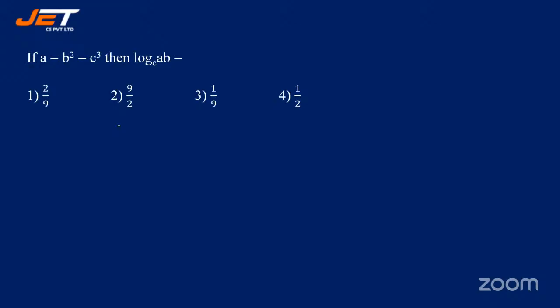If a is equal to b square is equal to c cube, then log ab base c is dash.